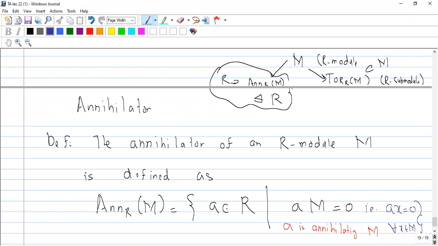That is, a is annihilating M. And we can also write this condition as aM equals 0. That is, if you multiply a with the whole M, then the answer should be equal to 0. So actually now I am taking the annihilator of M, which is written in this way, and it is the set of all elements in R which are annihilating M. That is, whenever I multiply this element with any element of M, the answer should be equal to 0.